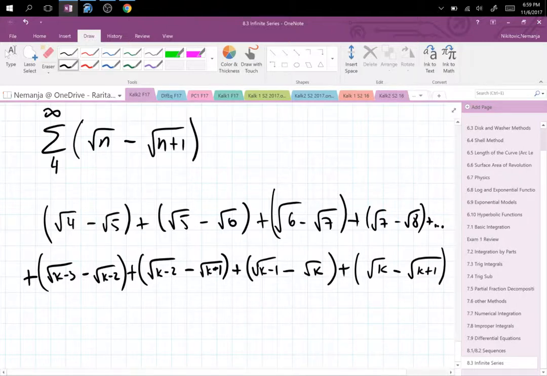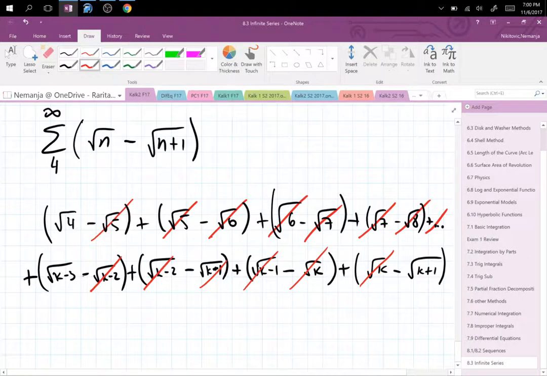So now we write all of this and start canceling. Negative root 5, positive root 5, gone. Negative root 6, positive root 6, negative root 7, positive root 7, negative root 8 will cancel in there. Only root 4 survives. On the back end, it's completely symmetrical. It goes backwards. These cancel, this one will die there.